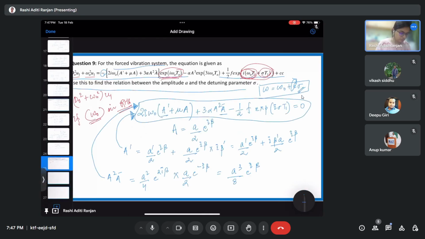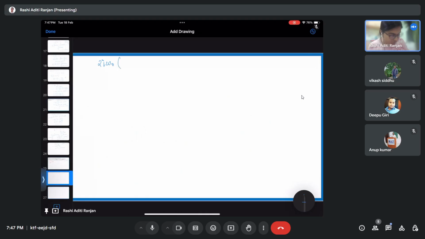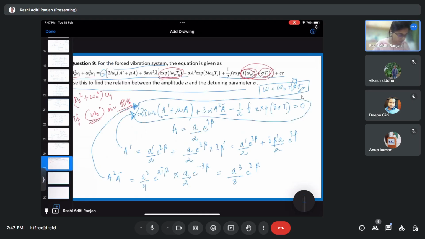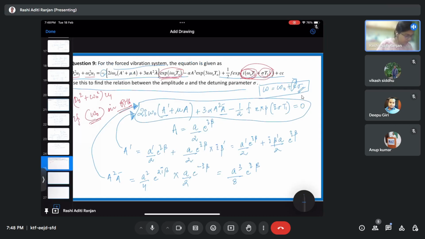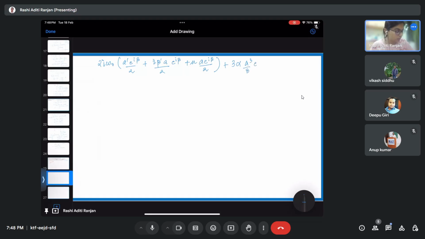Okay, so we have 2 i omega naught a dash plus mu, 3 alpha a square a bar, a cube by 8 e to the power iota beta, minus 1 by 2 f exp of iota sigma t1 equal to 0, right?